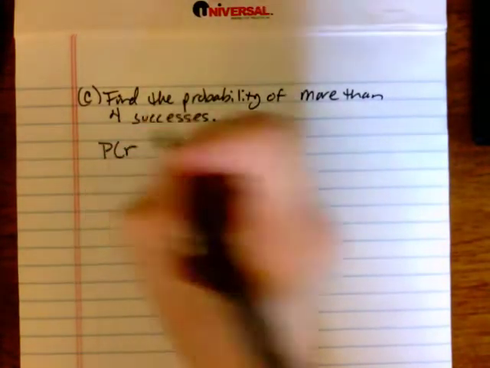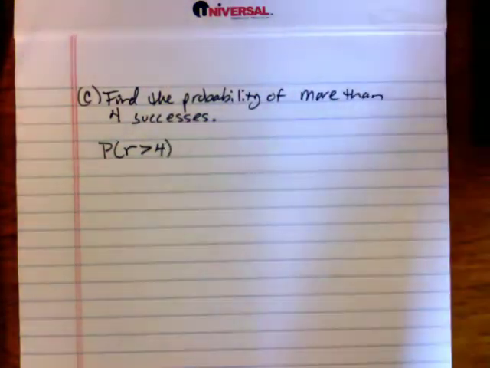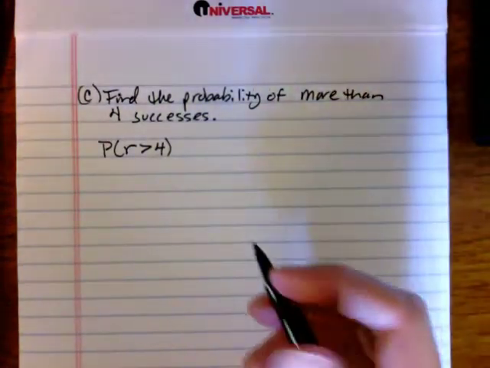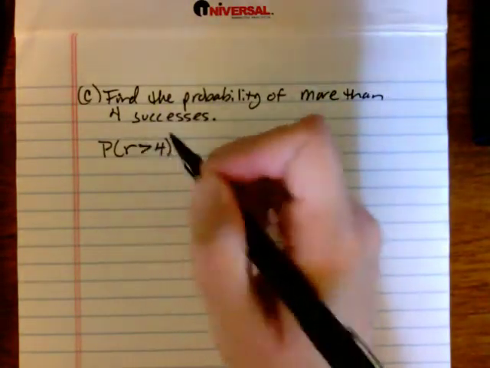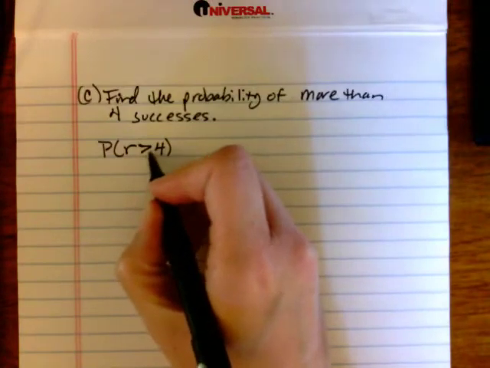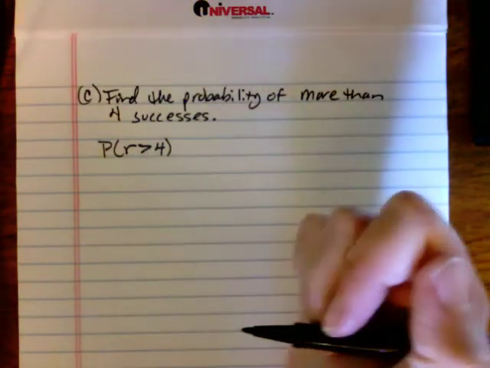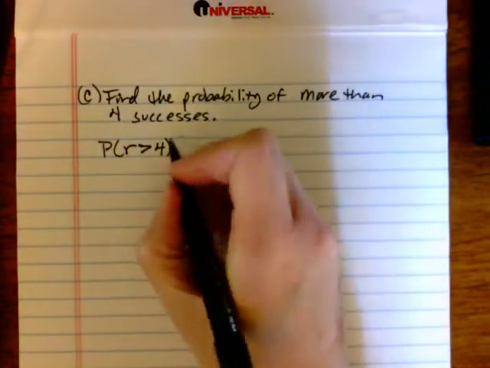So here, when it says more than 4, that would mean that my R is greater than 4, so strictly more than. And here, not only is there not an or equal to underneath, but my inequality symbol is also pointing the wrong way to be able to use this in the calculator.